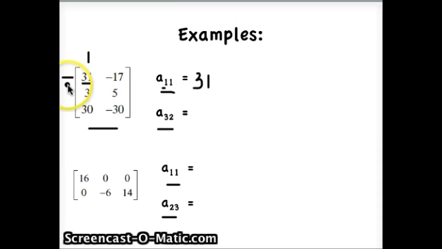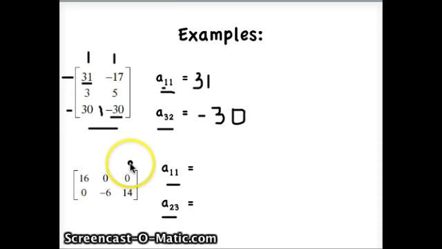A32 would be third row and second column. So negative 30 should have been your A32 for this matrix. I just want to point out that depending on the matrix, these variables could be different. While they indicate the same place in the matrix, the numbers could be different depending on the matrix.